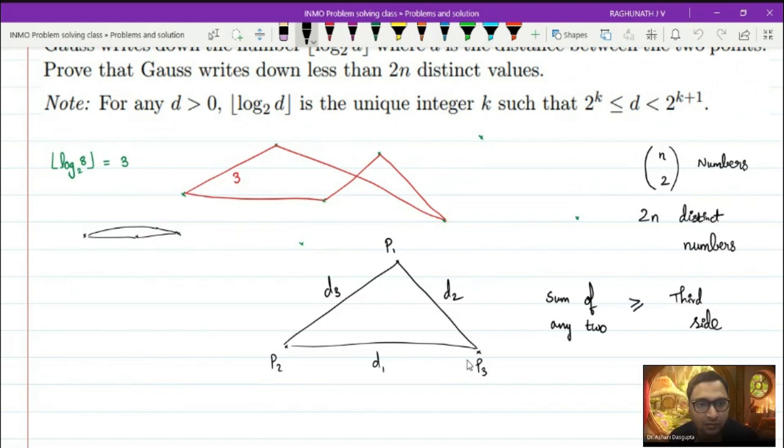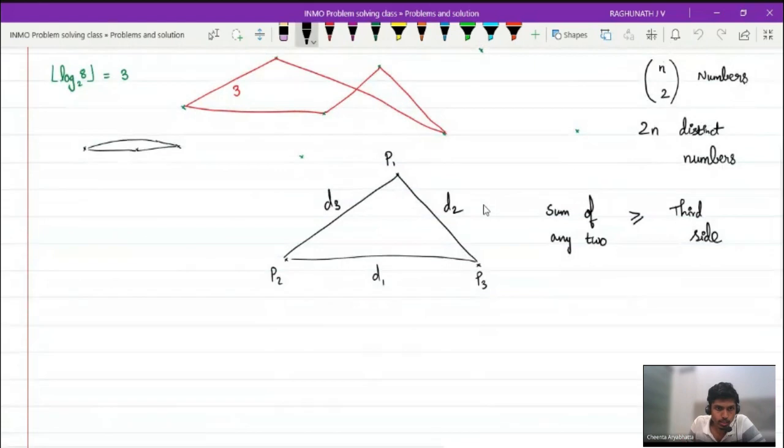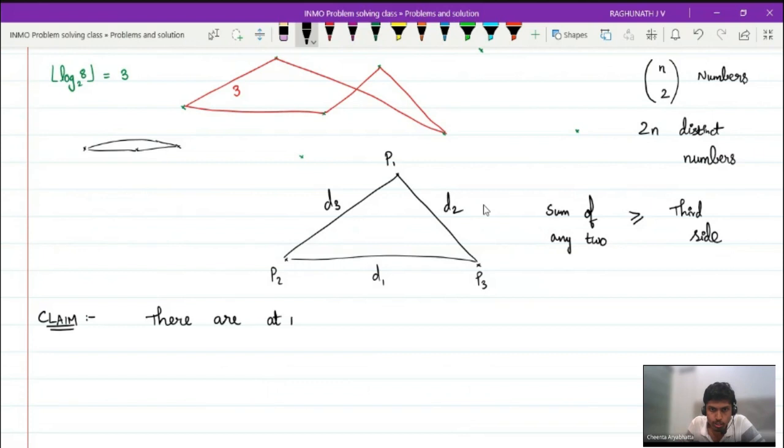I'm going to prove that the claim is there are at most n minus 1 distinct even integers.